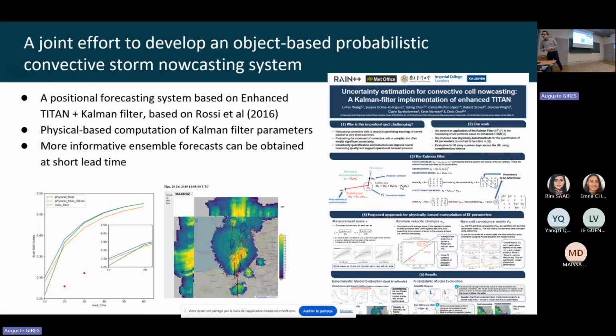Then our breakthrough is in object-based nowcasting. We started to work on it because of a joint project with the UK Met Office. They wanted to do some nowcasting about convective storms. As I said, there's an increasing frequency of these kinds of storms in Europe and also in the UK.